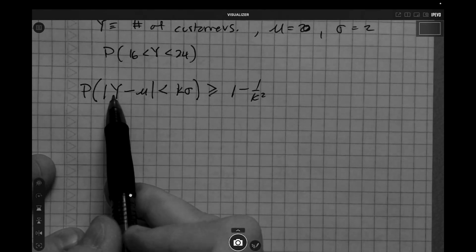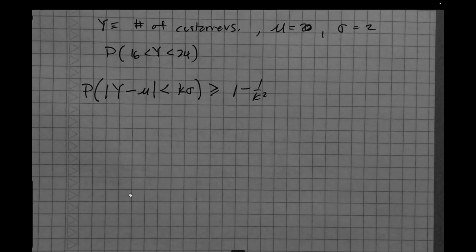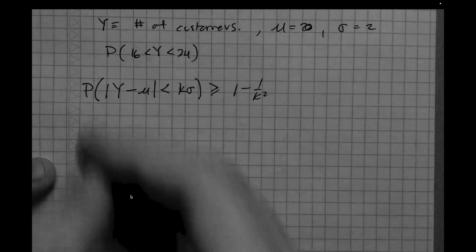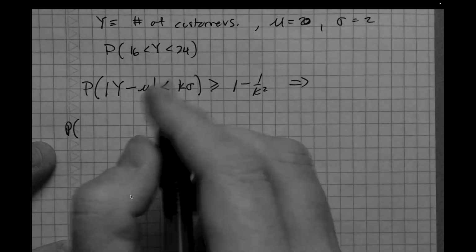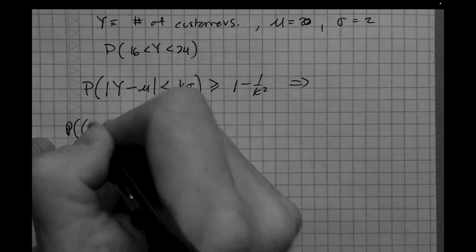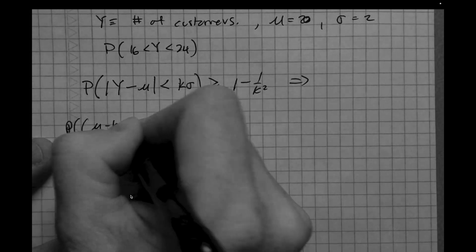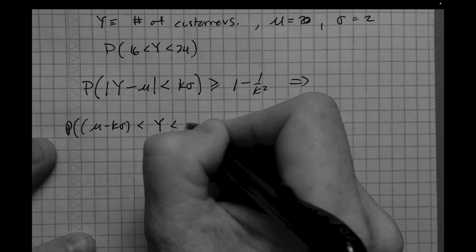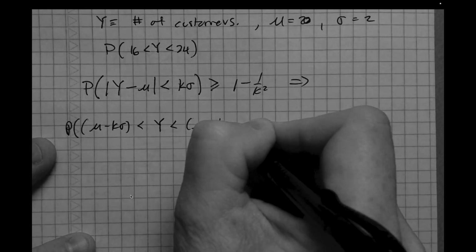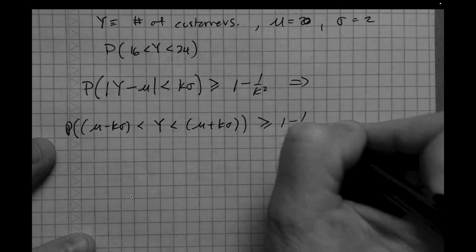If we remove the absolute values here, we can rewrite this as the probability that mu minus k sigma is less than y, which is less than mu plus k sigma, and that's greater than or equal to 1 minus 1 over k squared, right?